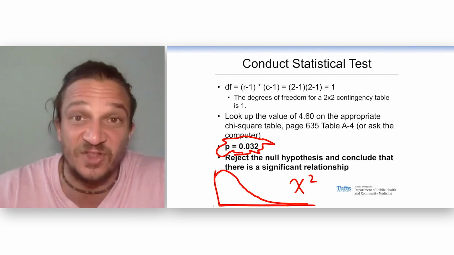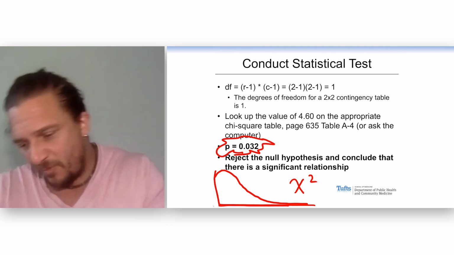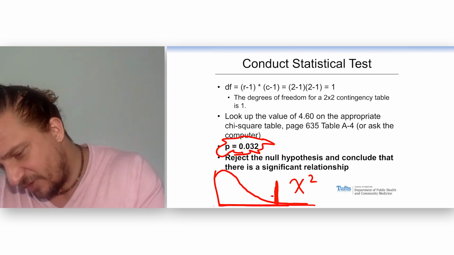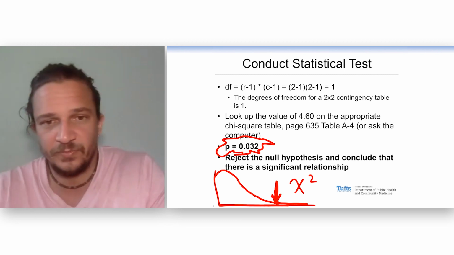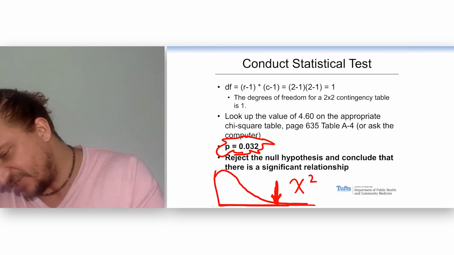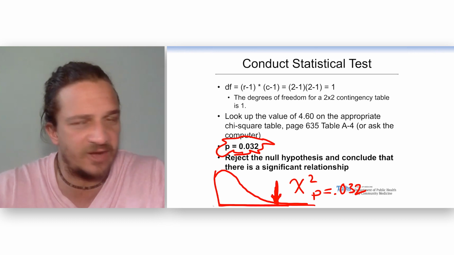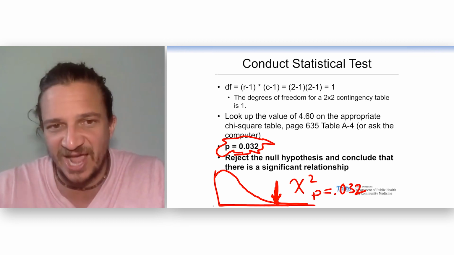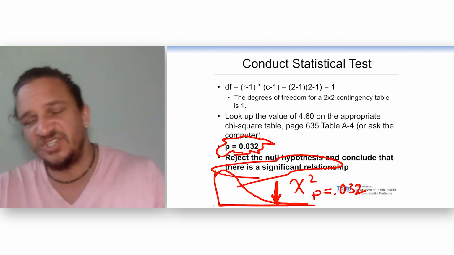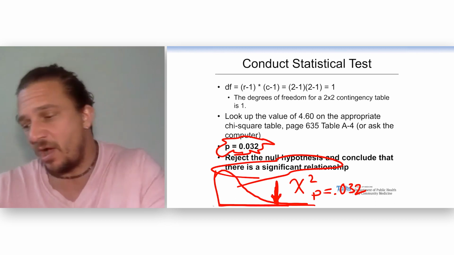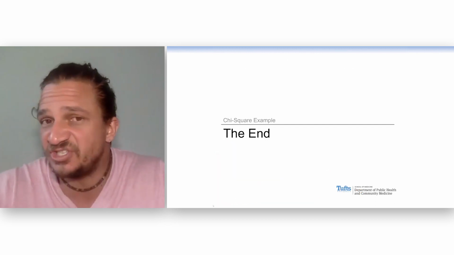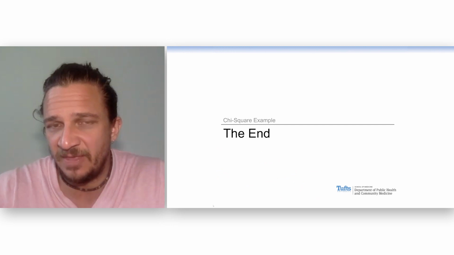That's sort of what it looks like if the null is true. 4.6 is somewhere over here. And the area to the right of that is P equals 0.32. The probability of observing a test statistic of a given magnitude or larger if the null is true. Reject it, and there is a significant relationship. Something is going on. We're going to see how to summarize that relationship in the next set of slides.